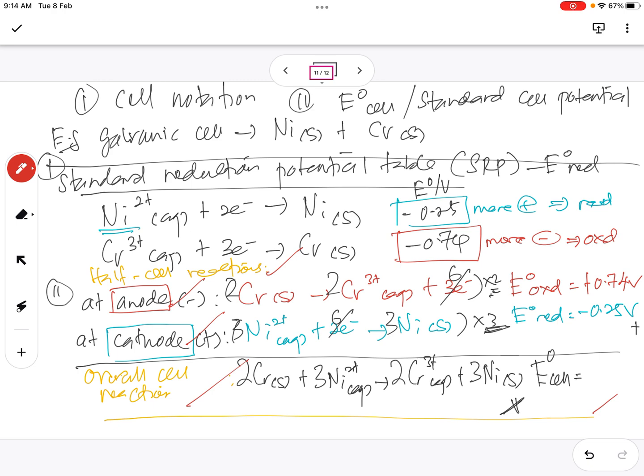Berapa dapat? Tambah dua-dua tu. Mesti positif kan? Positif berapa? 0.49 volt. Semua dapat 0.49 volt?